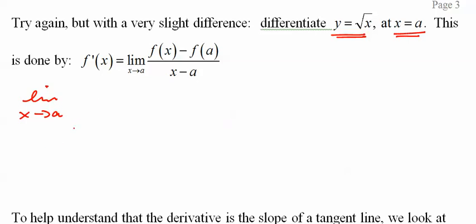And we put x in originally, square root of x minus square root of a, over x minus a. Notice we couldn't put that in. It wouldn't work.